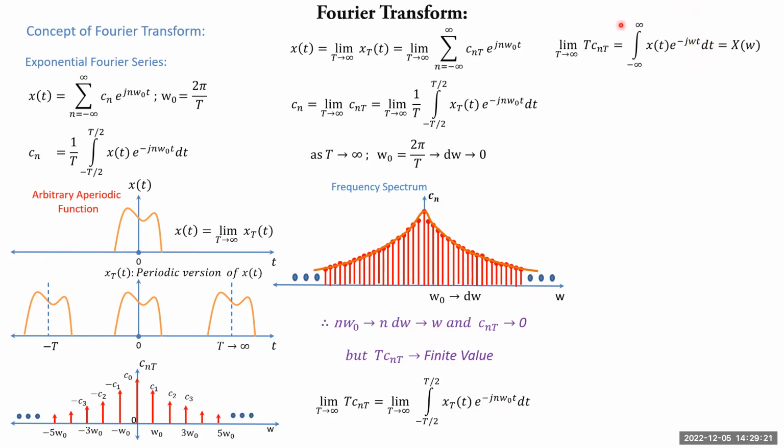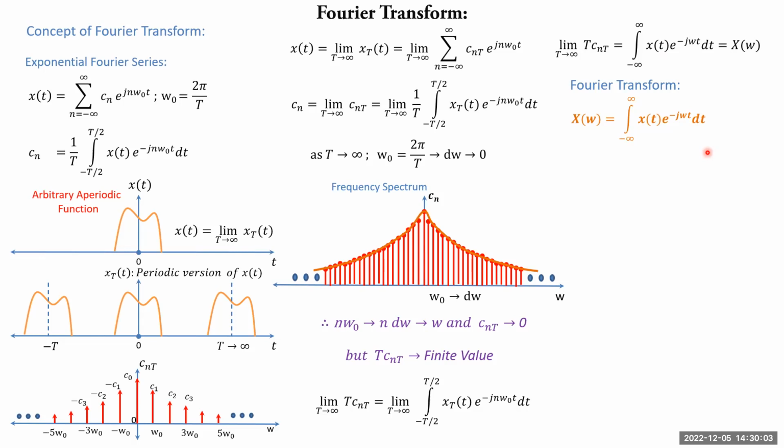When you look at this integration, we are integrating with respect to time, and therefore time will disappear and we'll get a function of omega, and hence the entire equation can be written as X of omega, which forms the Fourier coefficient, same as Cn. So we got a new equation: limit T tends to infinity of T Cn is equal to X of omega. So here we can write X of omega is equal to the integration of x of t into e raised to minus j omega t dt, which is called the Fourier transform of any aperiodic or non-periodic function.